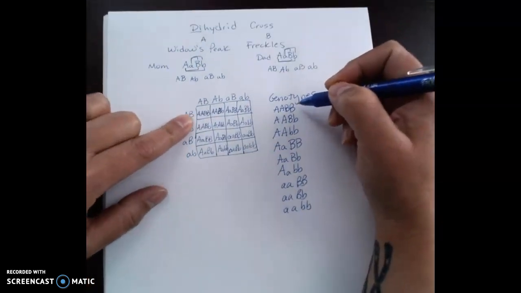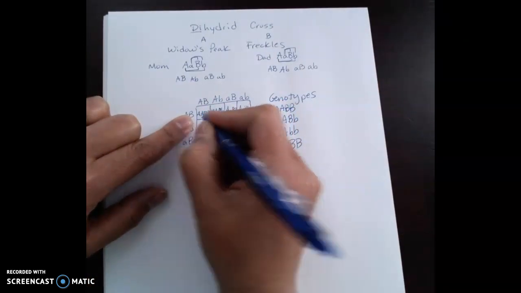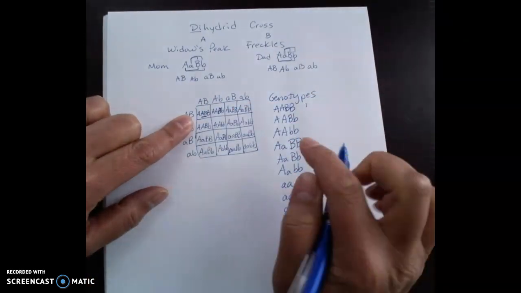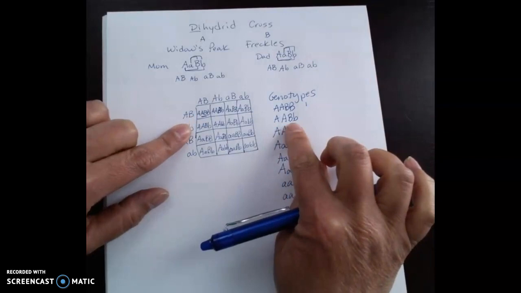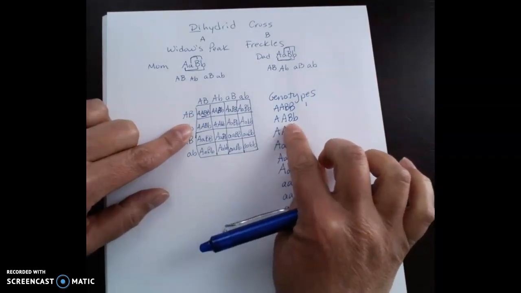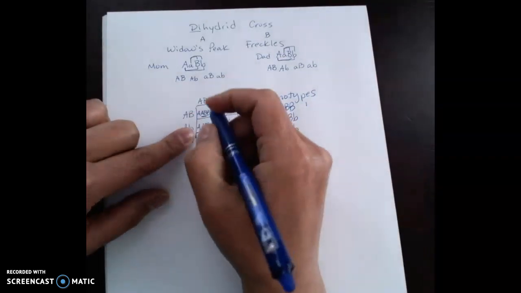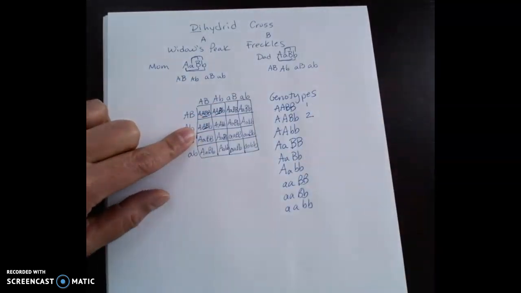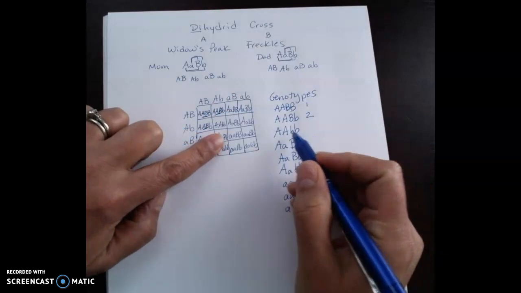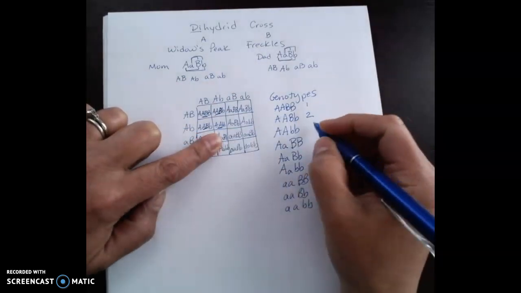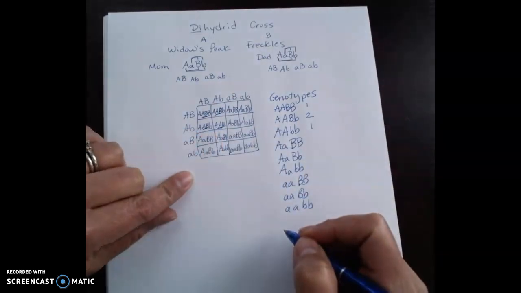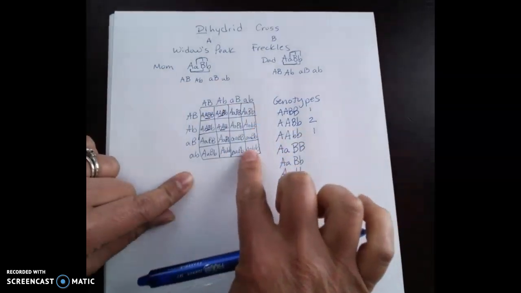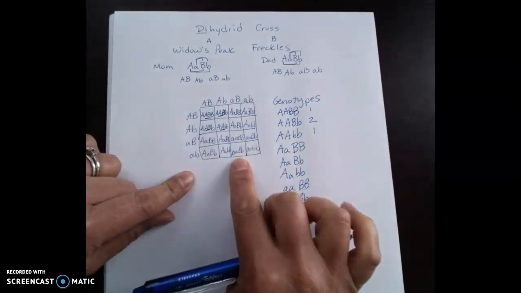Big, big, all bigs, I see one of those. So I had one of those. The big A's with the heterozygous B's, I see it here and here, so that's 2. Then bigs and littles, I see that right there, that's 1. Okay, and I don't see any other combinations of big A here.